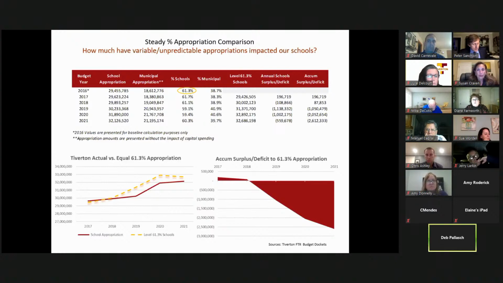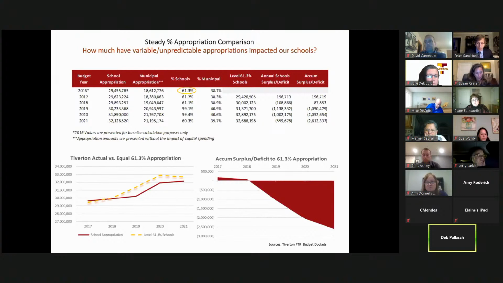My only comment here would be, I do want to acknowledge that the town was supporting us from a capital aspect, as in we passed the high school bond, we passed some elementary school bonds.